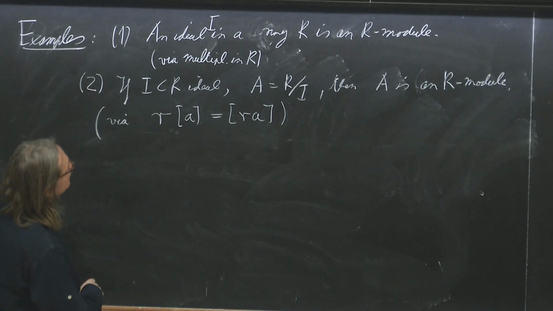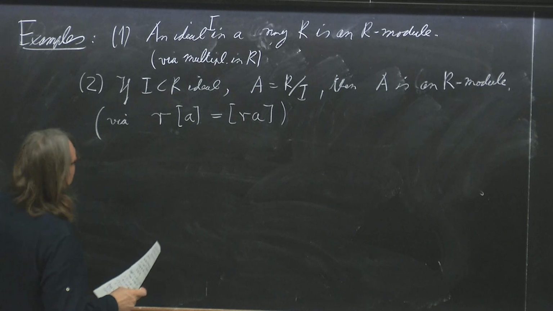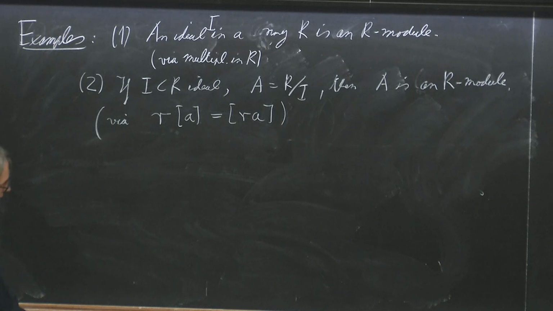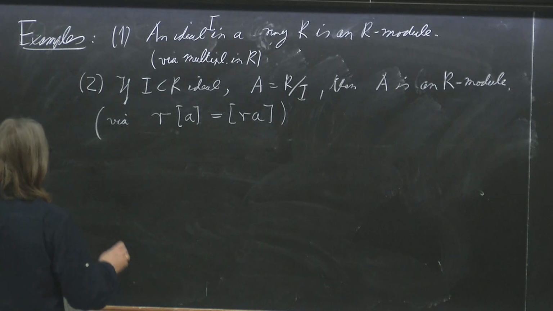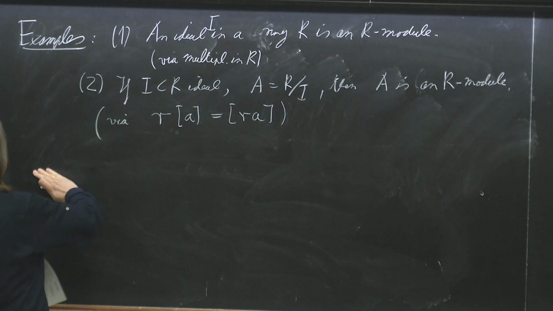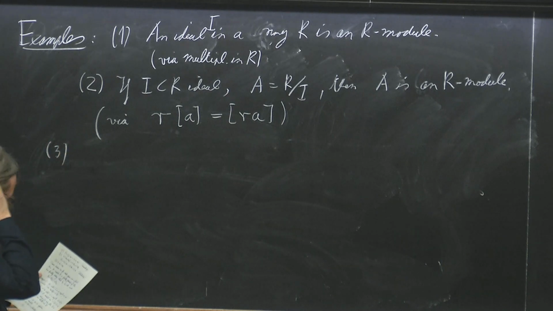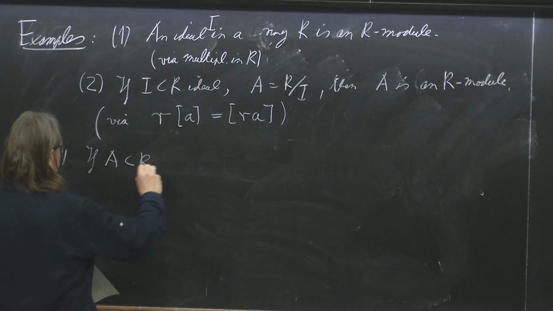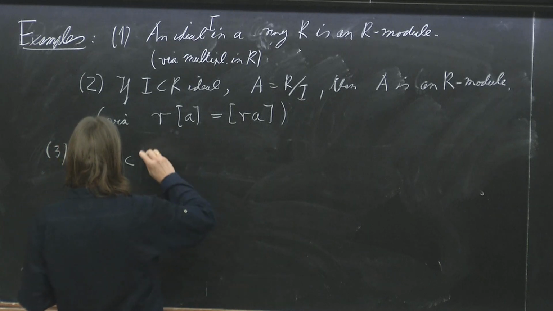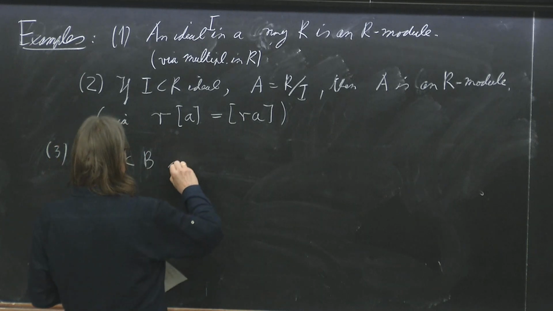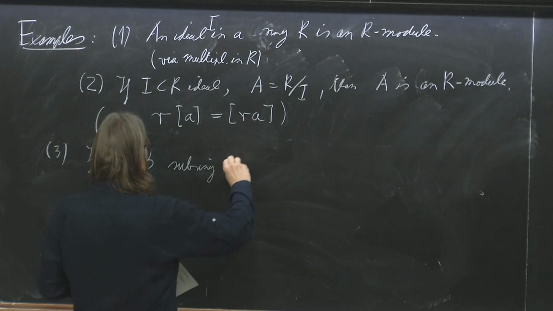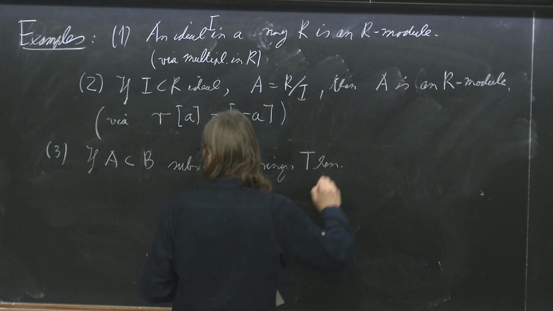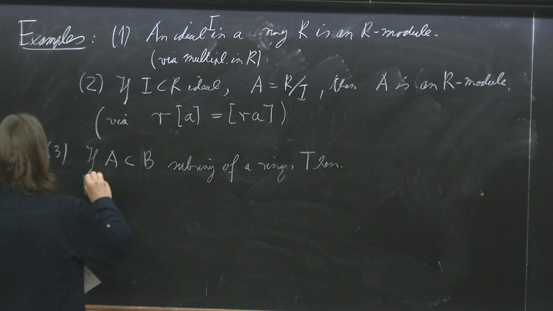And also, now a bit the other way around than here, if I have a subring of a ring, then the bigger ring is a module over the smaller ring. That's mostly what we're interested in. So if A is a subring of a ring B, then B is an A-module.